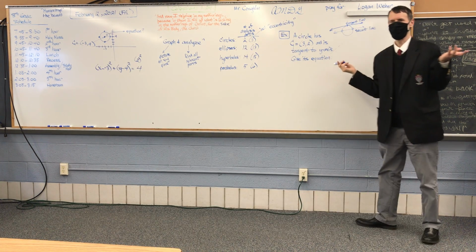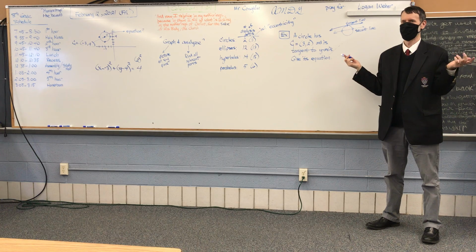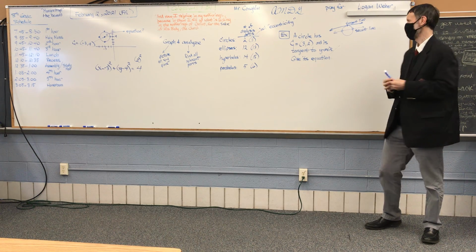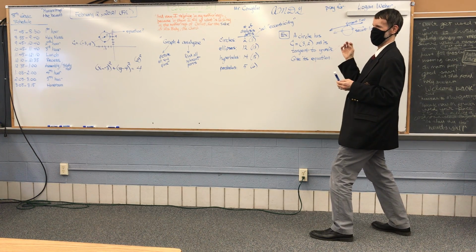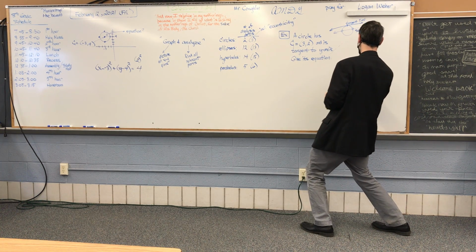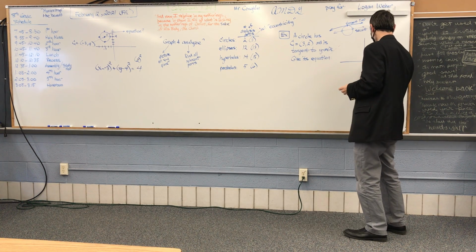what would you suggest we do first in this problem? What would be a logical thing to do? Yeah. Find the center. In other words, graph it. That's a very wise thing to do. Graph 3, 2, and let's see what we're talking about.